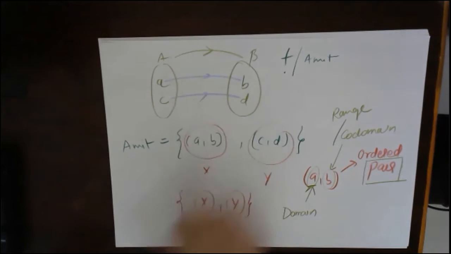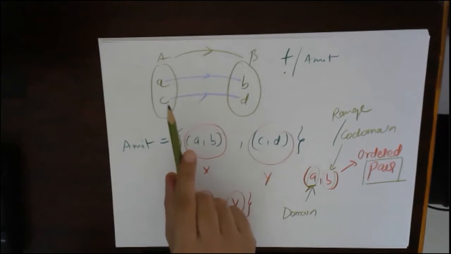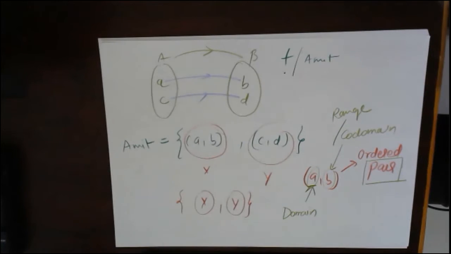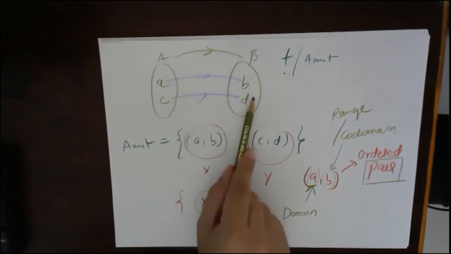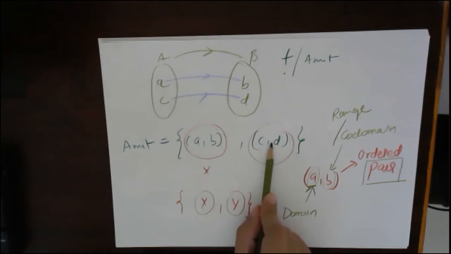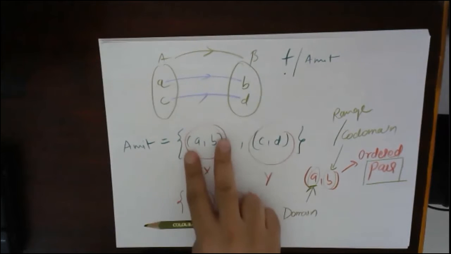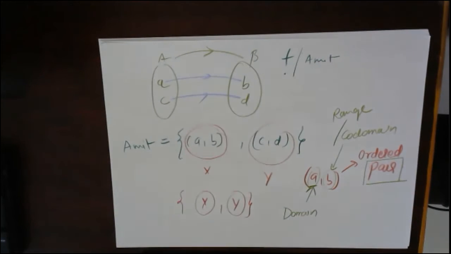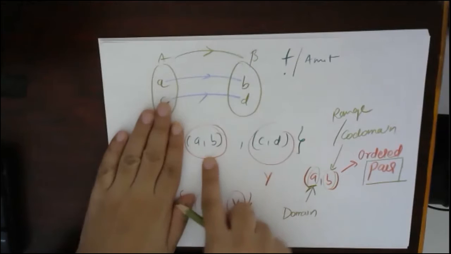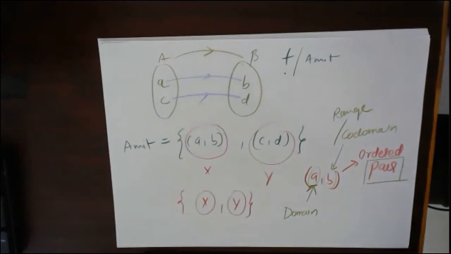I know A is related to B and C is related to D. A comma B and C comma D I will write. So this is the way of representing the elements of a relation. Now this is known as an ordered pair. The first part will be coming from the domain and the second part will be coming from the codomain.